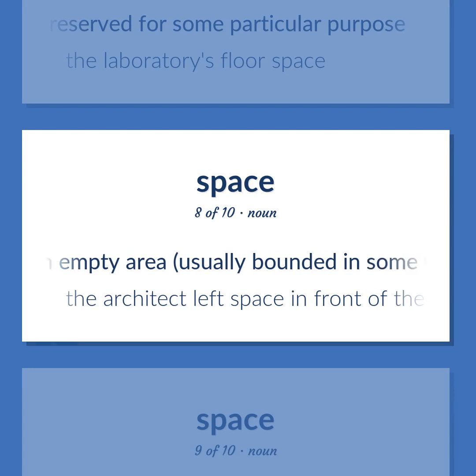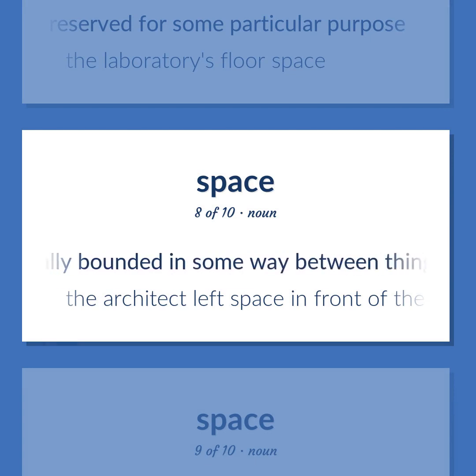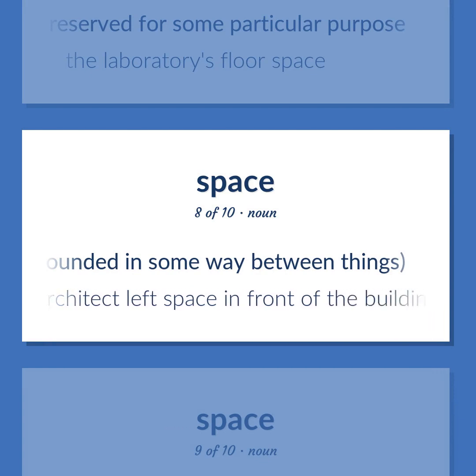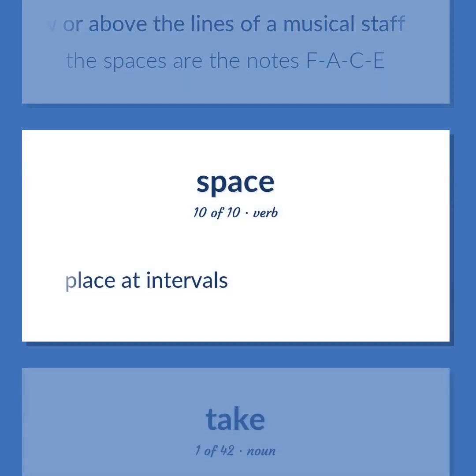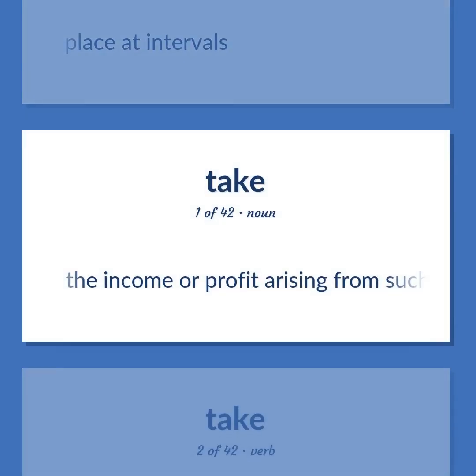An empty area, usually bounded in some way between things. The architect left space in front of the building. One of the areas between or below or above the lines of a musical staff. The spaces are the notes FACE. Place at intervals. The income or profit arising from such transactions as the sale of land or other property.